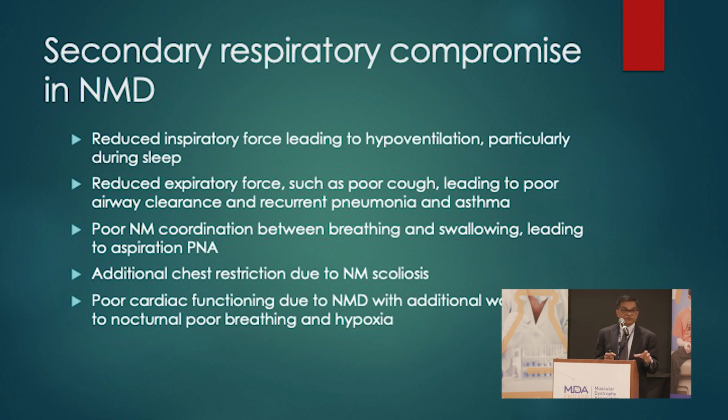Or when you are trying to recover from a respiratory infection, that becomes a problem. Or when you are trying to do some activities or exercise, that becomes a problem. Or when you are trying complex tasks such as eating and breathing and talking, and if the coordination is not good, then that becomes a problem.